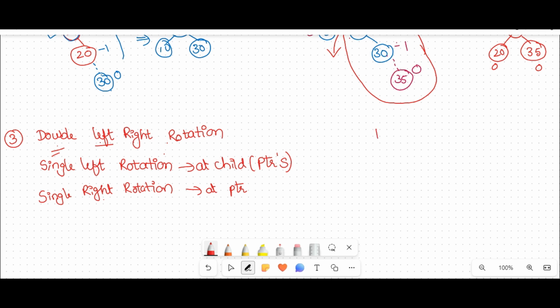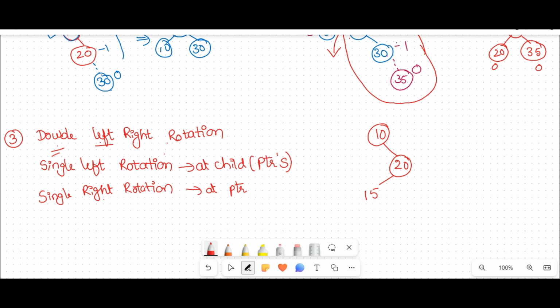So now, how will you get this rotation? For example, the tree is like this: 10, 20, and here, for example, 15.